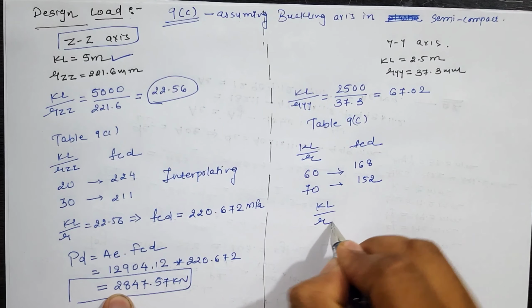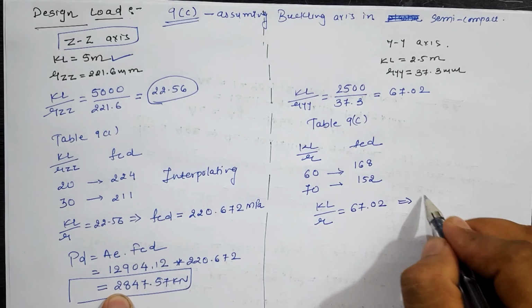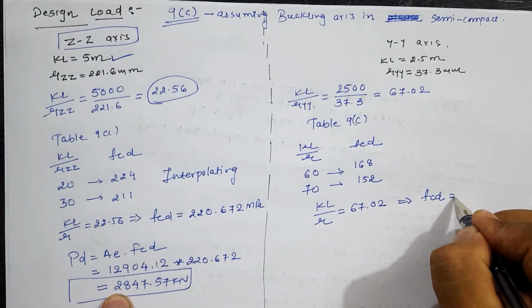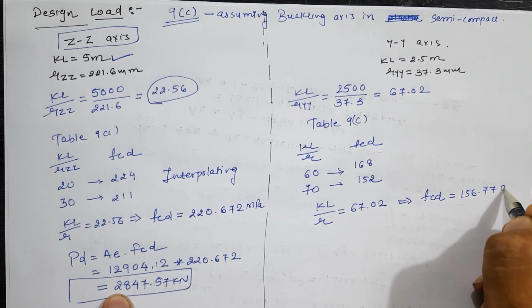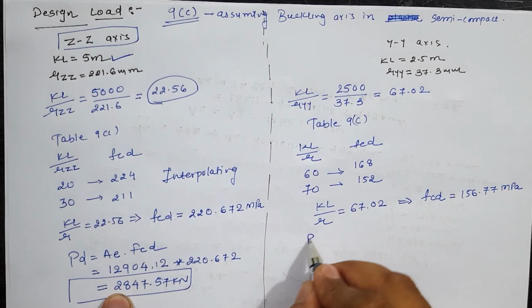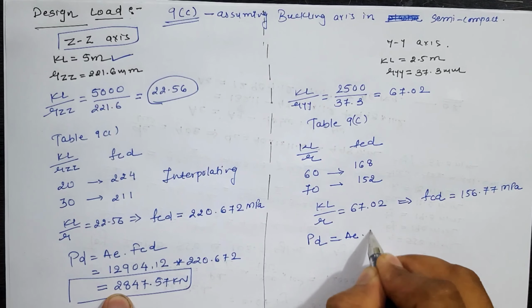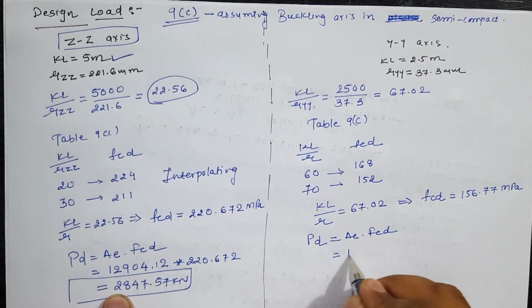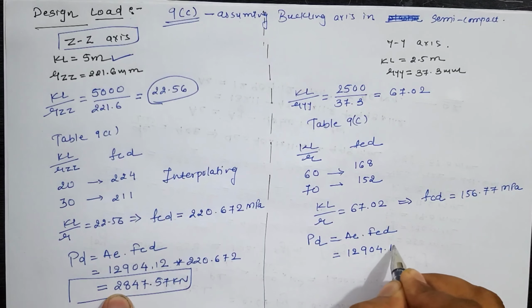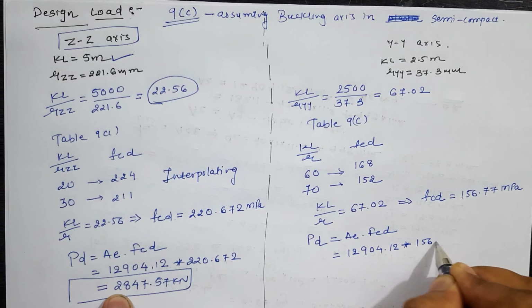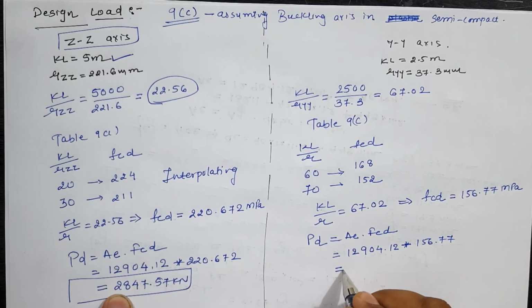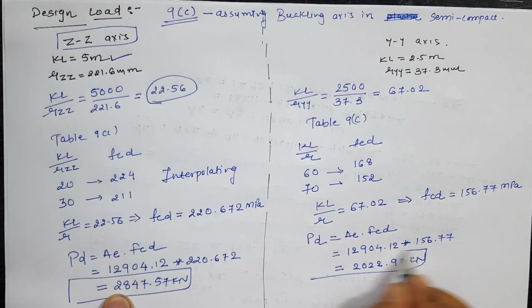Now interpolating this, we have fcd equal to 156.77 Newton per mm square, and the design load is equal to the effective area into fcd, which is 12904.12 into 156.77, which is equal to 2022.97 kilonewton. So for the YY axis, it can take 2022.97 kilonewton according to the given criteria.